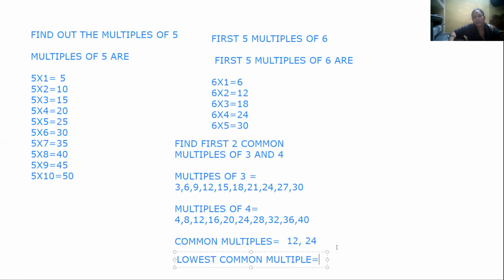Now you have to find the lowest common multiple. Lowest means smallest. So out of these 12 and 24, which one is smaller? That is 12. So which number comes out as the lowest common multiple? That is 12.